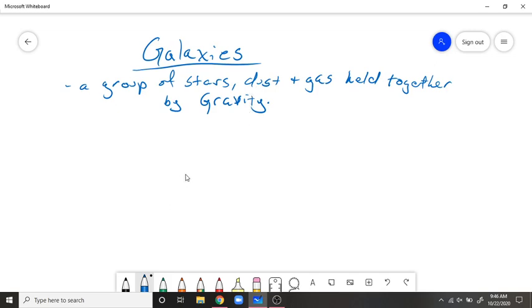Galaxies are classified into three types based on shape. So we have three types of galaxies. They are based on their shape.